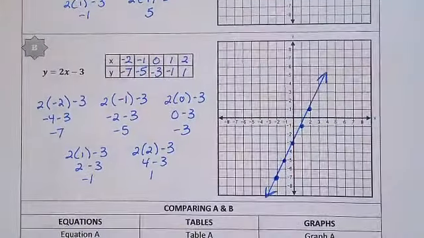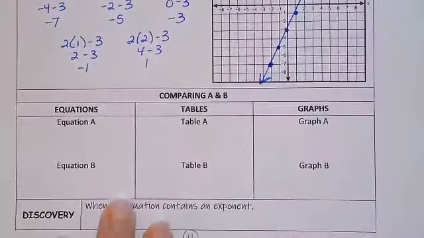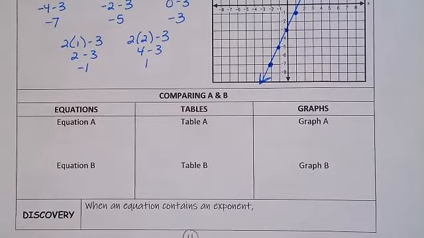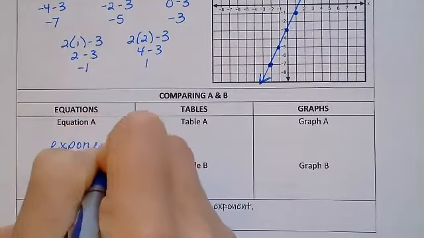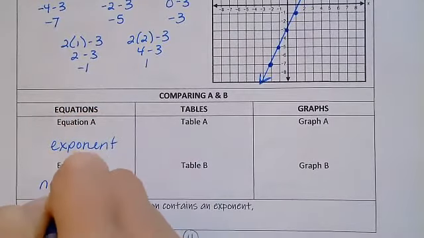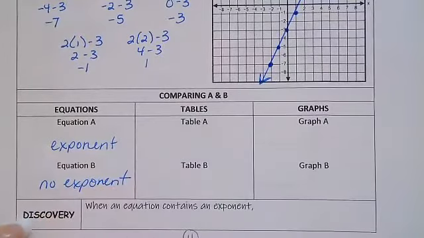All right, let's compare A and B. So first of all, we're going to look at the equations. Equation A had an exponent. Equation B did not. All right, compare the tables.